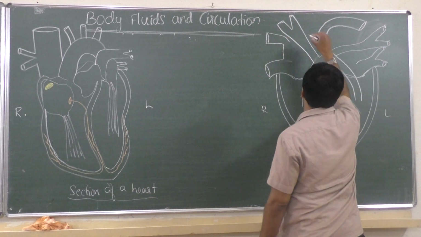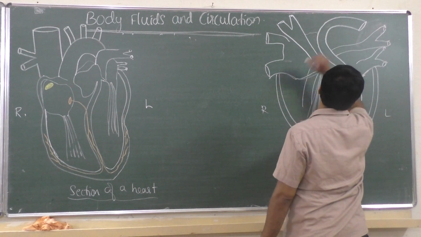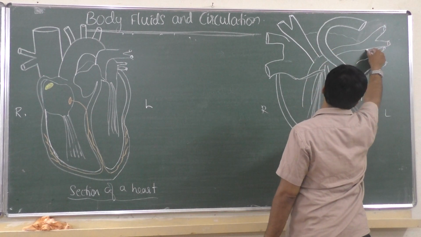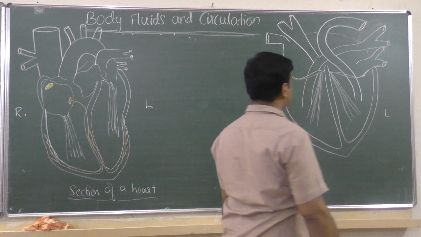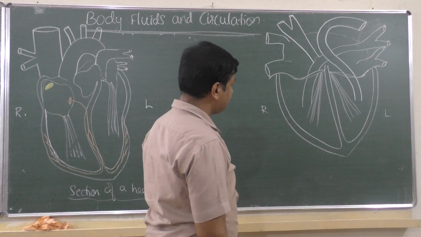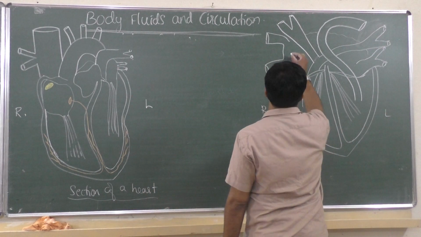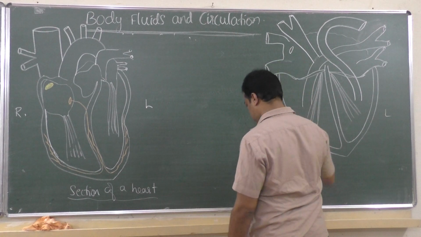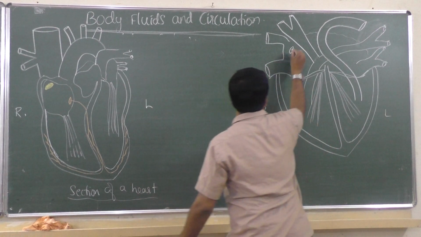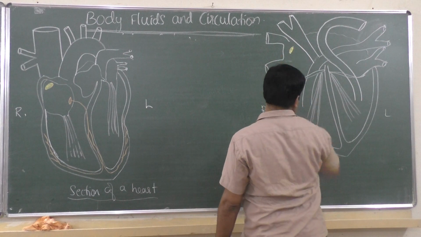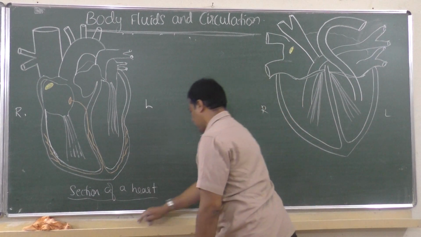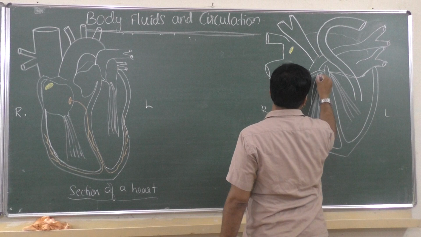Okay, so this is one simplest diagram what you see here. Okay, same thing what they are showing here, they are showing one special part, that is here, and one more part they are showing, that is from here.